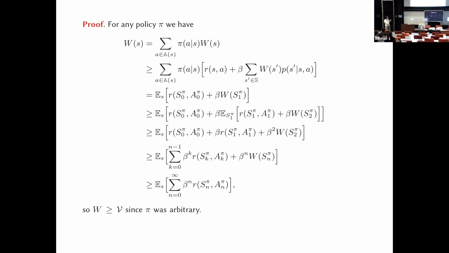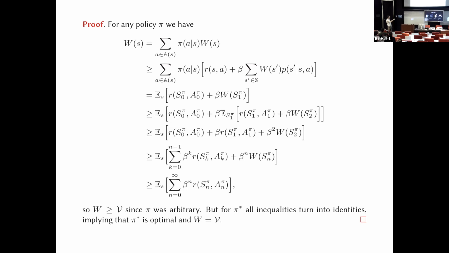And now if I choose my candidate for the optimal policy, then instead of an inequality here, I get equality, because pi star assumes the maximum. So I get equality everywhere, meaning that W is equal to the expected total reward under pi star, but greater or equal to all other policies.